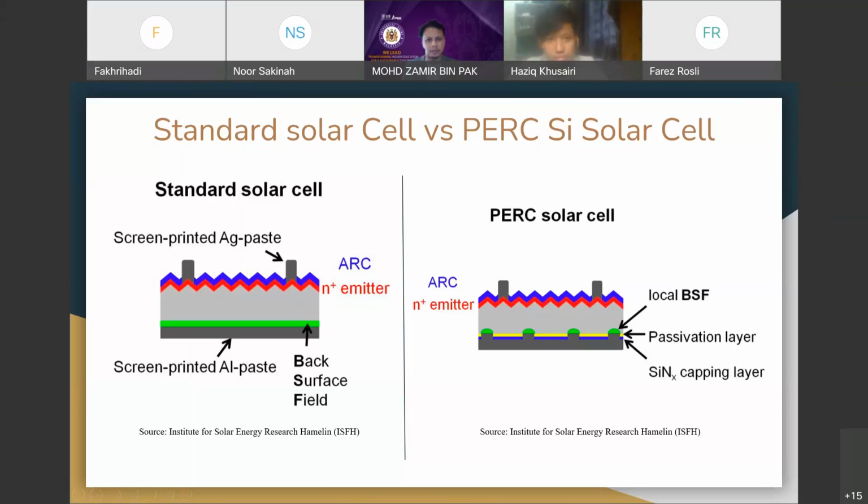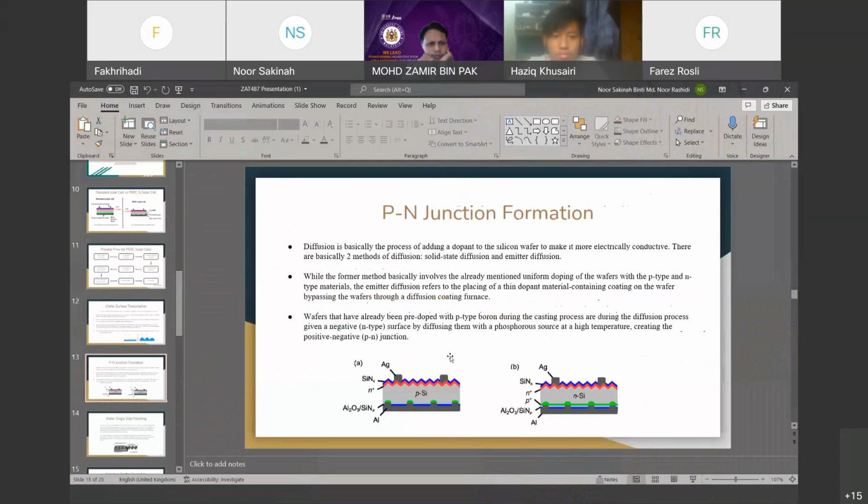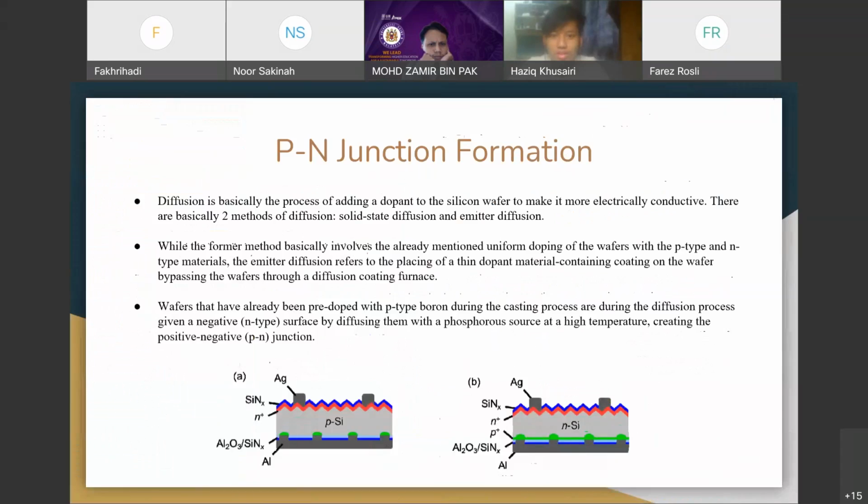My next question is, do you know what is the typical thickness of the emitter layer on the PERC silicon solar cell? Can you go to the PN junction formation? How thick is usually the junction?